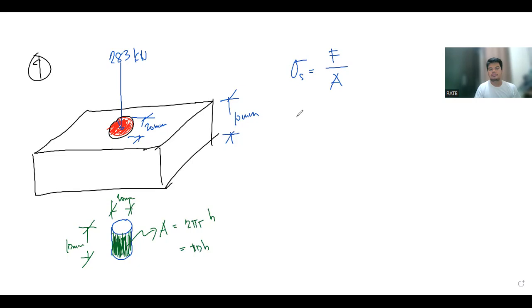So we then say that the shearing stress is 283,000 Newton divided by the area. The area is pi times the diameter, 20 mm, and of course the height, which is 10 mm.